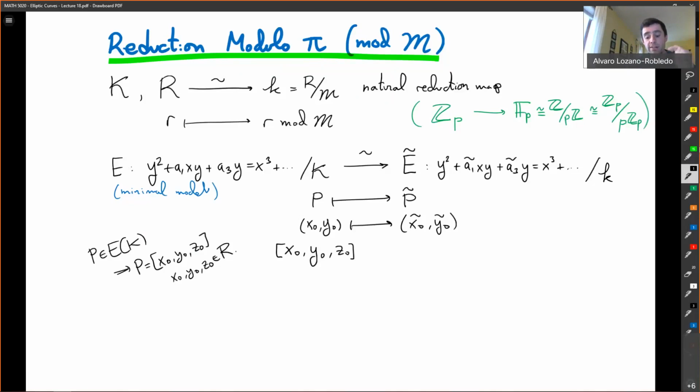So I can pick x naught, y naught, and z naught in R, and then send it to the reduction.